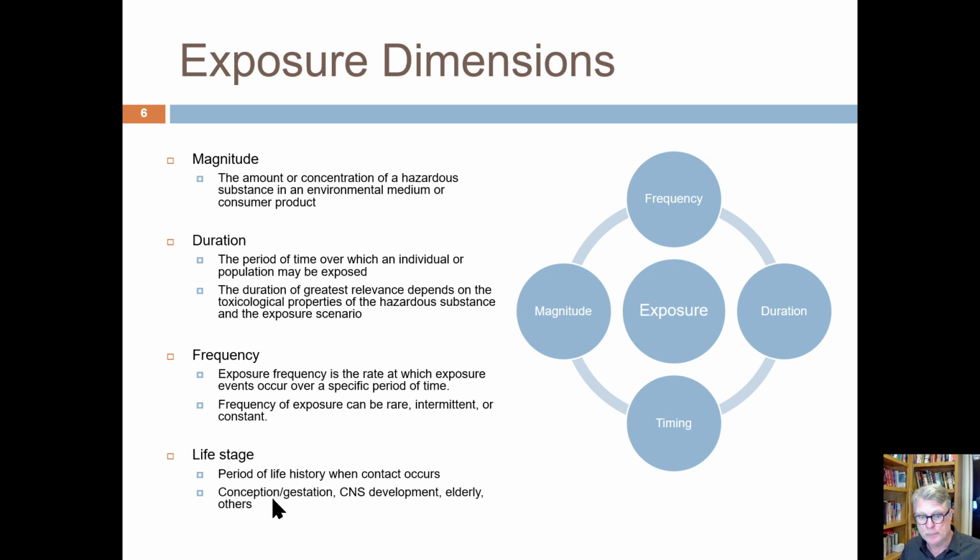Generally speaking, periods of conception and gestation and early development of key organ systems like the central nervous system are periods of greater susceptibility to stressors. Similarly, elderly folks can be, not always, but can be more susceptible, and certainly people who have a pre-existing disease are more susceptible in many cases.